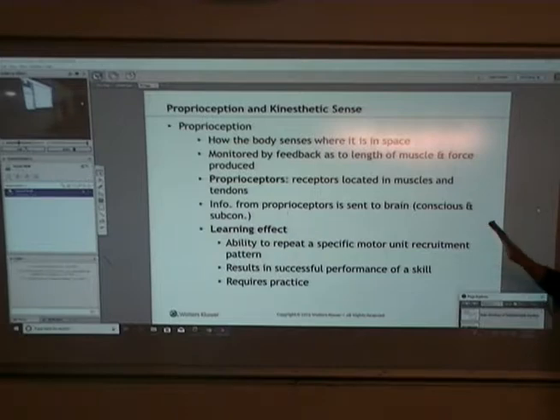And so it links very closely then with motor control. And so it's interesting how they all overlap with each other, I think.